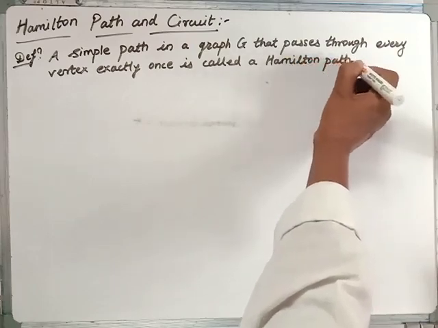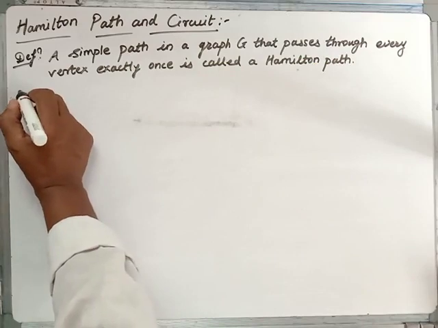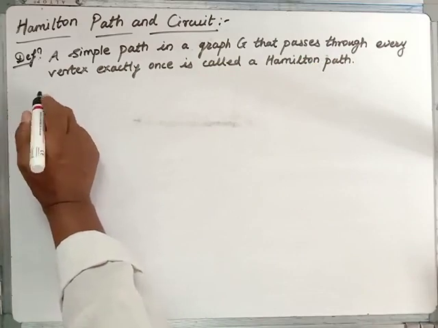Here each vertex should come exactly once. Such a path is known as a Hamilton path.